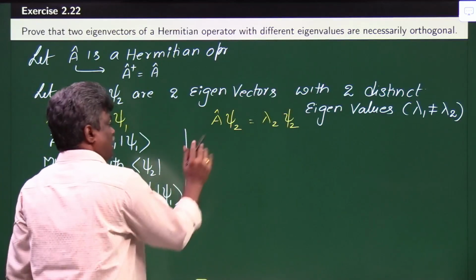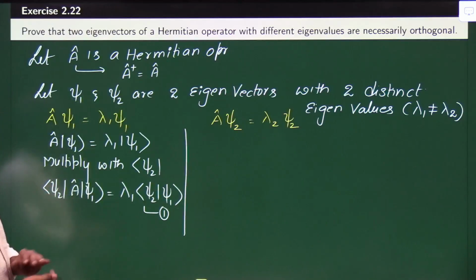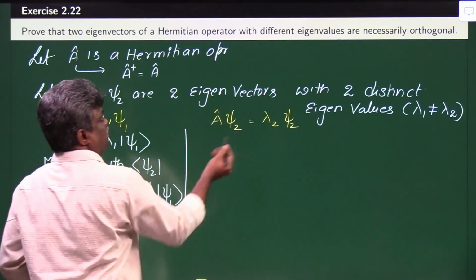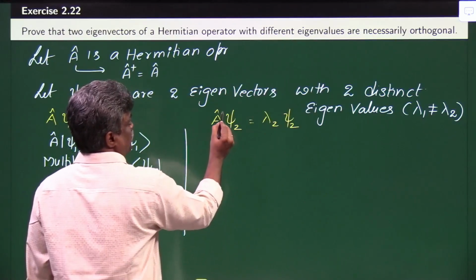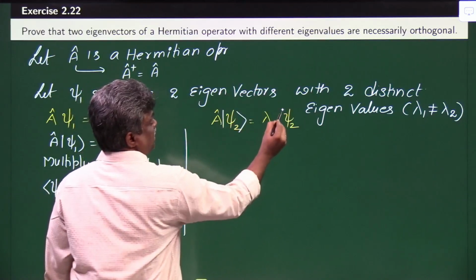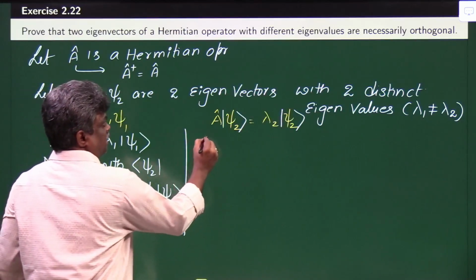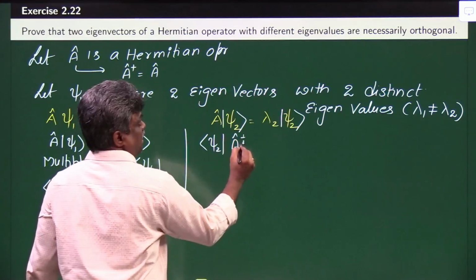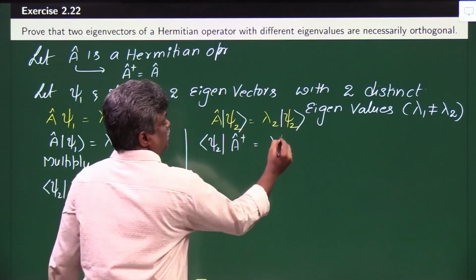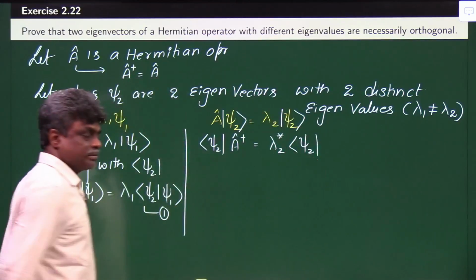Next, I'm taking this second equation. Before multiplying, first let me take its Hermitian conjugate. In Dirac notation, this is the ket vector. If you take the Hermitian conjugate, this is the bra vector psi2, and here it is A dagger, and this is lambda2 star, the conjugate, and its conjugate is a bra vector.